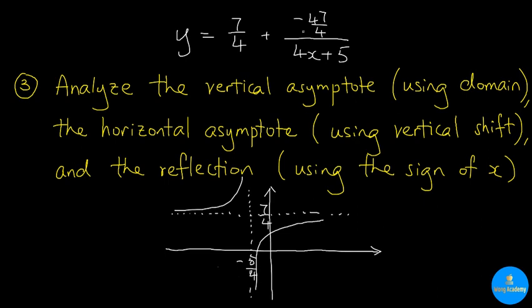If there are negative signs in both the numerator and in front of x in the denominator, then there's a vertical reflection and a horizontal reflection. As a result, the hyperbola will go back to the traditional position, meaning that we should have our hyperbola in these two regions. This completes our discussion of graphing rational functions.